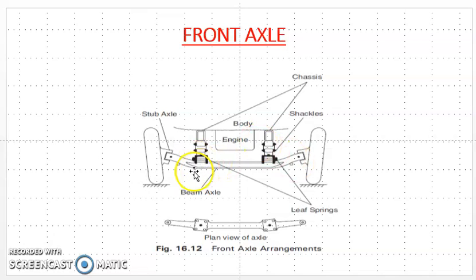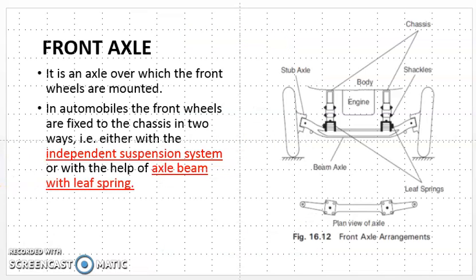The wheel is mounted on both sides of that axle, and the important part of the front axle is this axle, over which the front wheels are mounted. In automobiles the front wheels are fixed to the chassis in two ways.